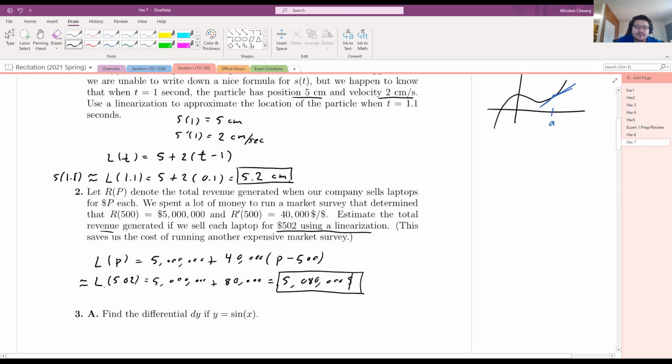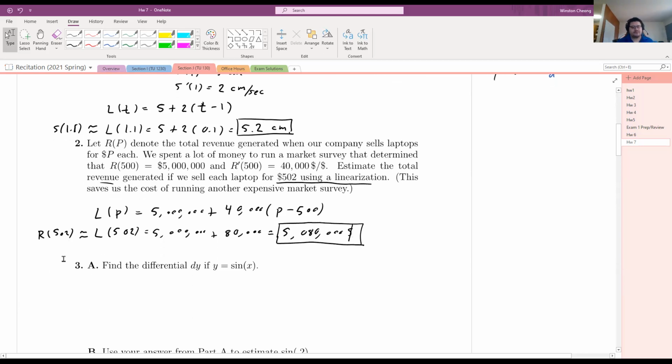This linear approximation is approximating what we would get if we plugged 502 into the revenue function. So this value that we got out of our linear approximation should be approximately the correct value, compared with what we would otherwise want to do, which is to plug into the revenue function. Any questions so far?